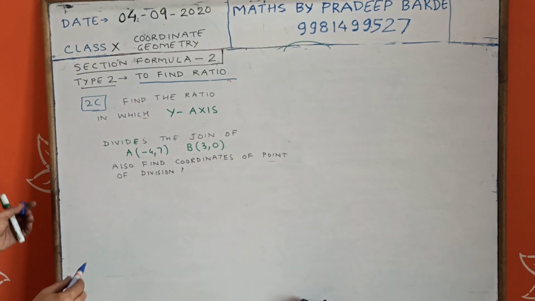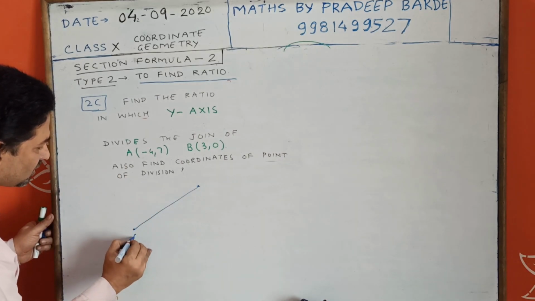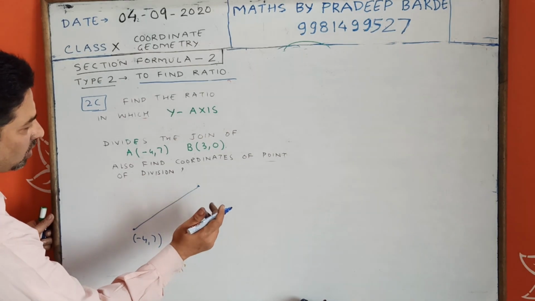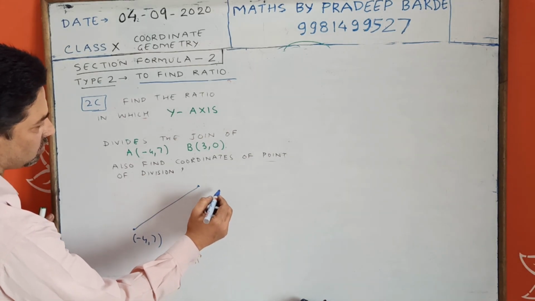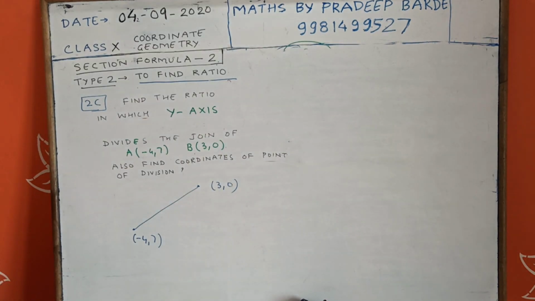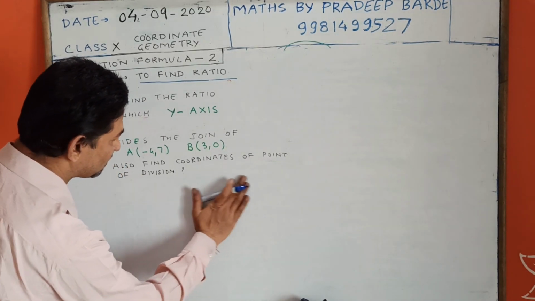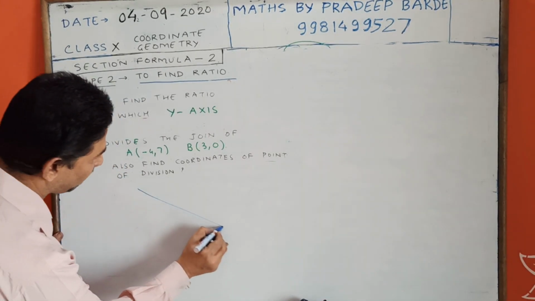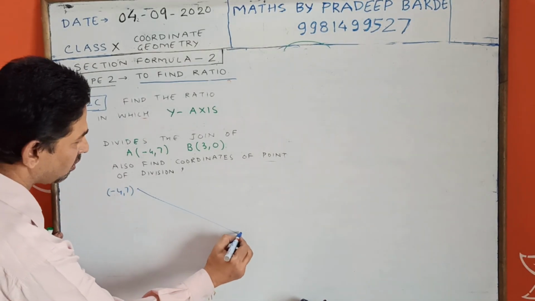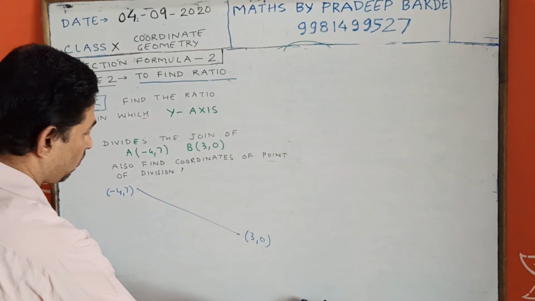So in this, -4,7, suppose this is the line here, and the other one is 3,0, divided by y axis. The line will be like this, -4,7, this is the point 3,0 divided by y axis.